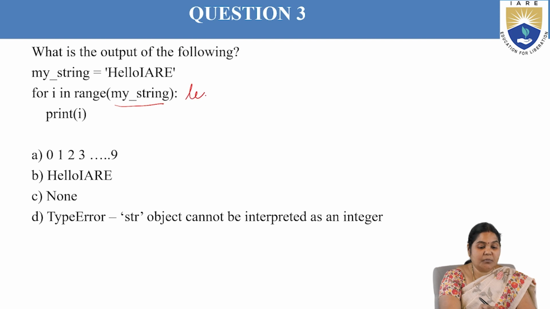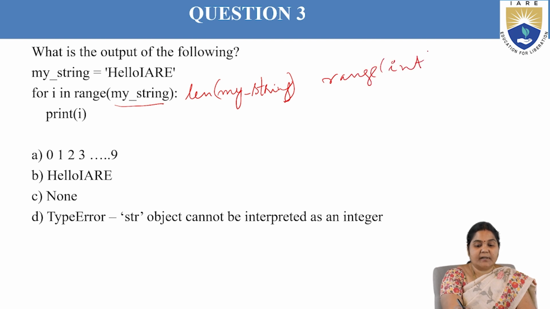We are not finding out the length of this string. If you find out the length of this string, then what is the length? 5 plus 4, 9. So range requires an integer. If you give range of 9, which is nothing but the length of the string, then this program is going to work perfectly fine.